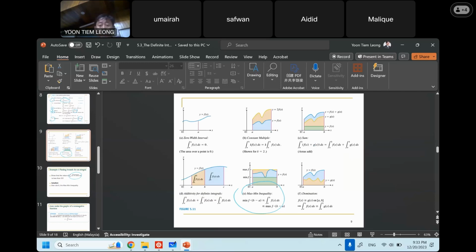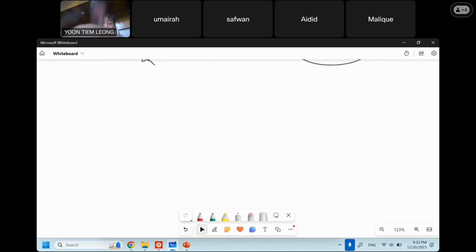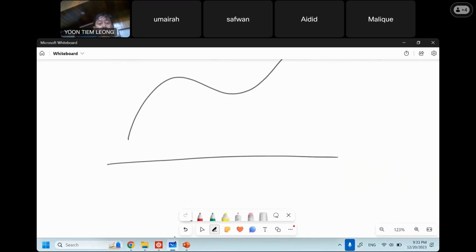If you look at the maximum minimum inequality theorem, what it says is this: if you have a function that is continuous between two limits a and b, then according to what we discussed in the previous discussion, for such a continuous function between a and b, there must exist a minimum and there must exist a maximum. Remember that theorem.